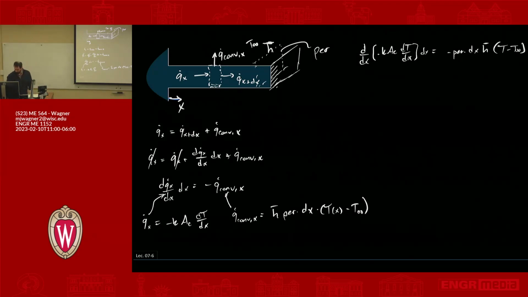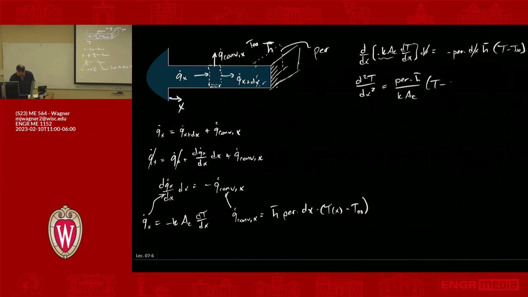OK, so what can we do here? The dx goes away. The k, minus k AC, right, that's some constant. So let's put this in standard form, which means let's get all the constants over to the other side. And we're going to end up with our simplified ODE here, which is d squared T dx squared is equal to perimeter times h bar over k AC times T minus T infinity.